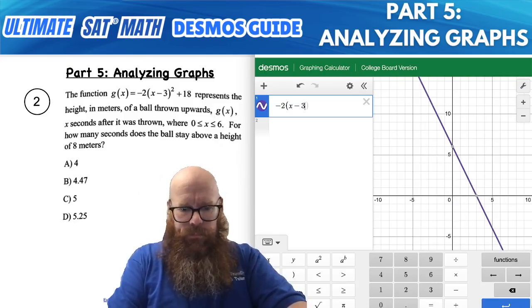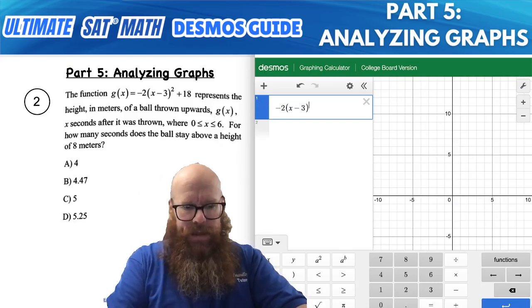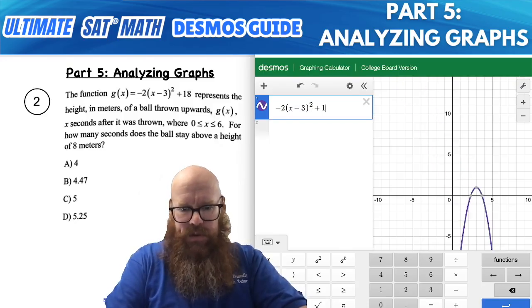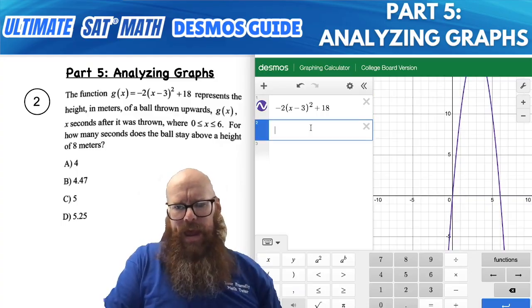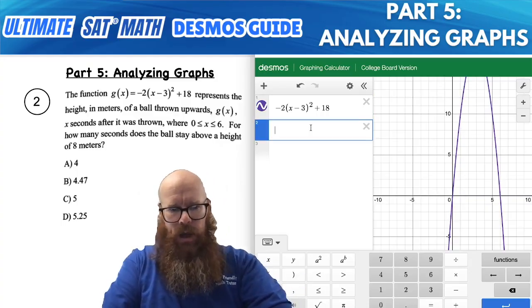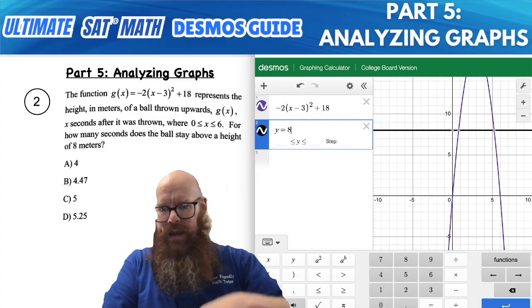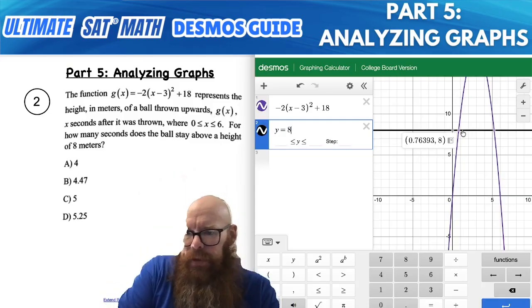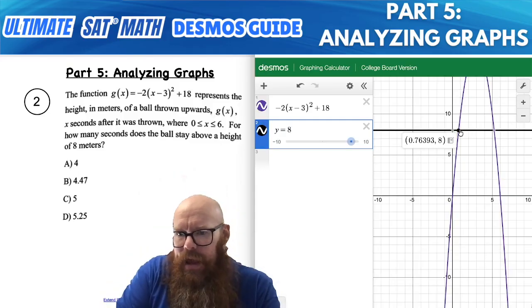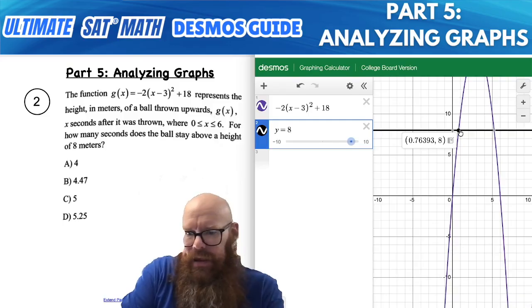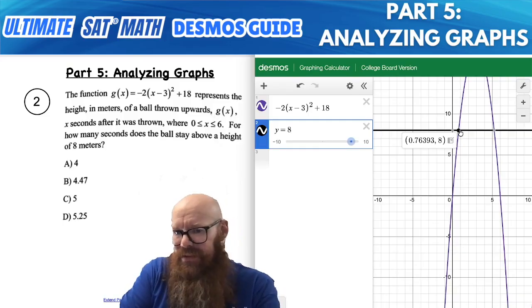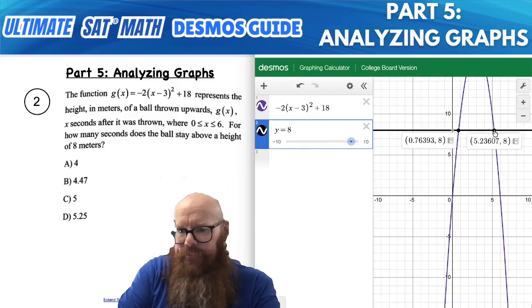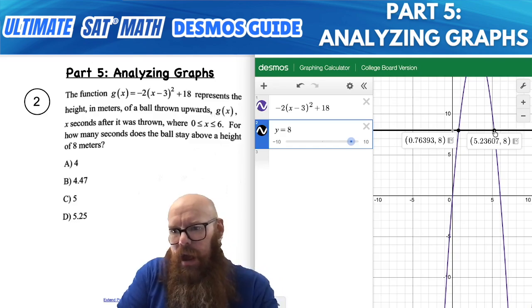I'm just going to put in the right side just so that it graphs it. And then I'm going to put in y equals 8. That tells me that it's going to be at that height at 0.763 and then again at 5.23.